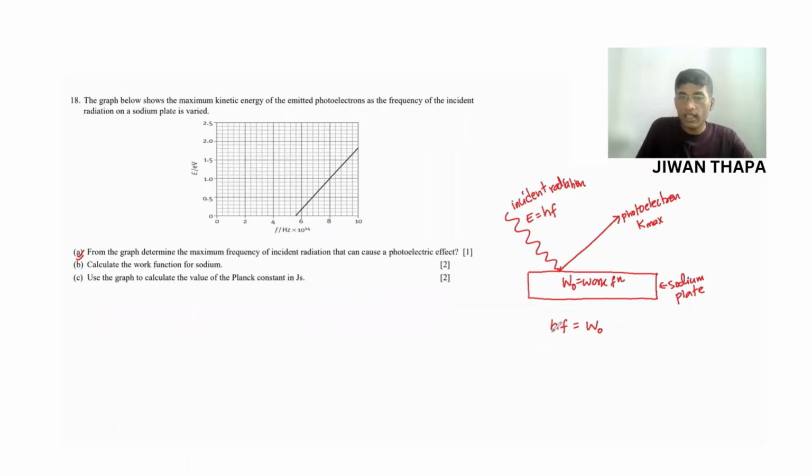So that is HF equals W naught plus maximum kinetic energy, Kmax. This is the equation we are going to use. Now let us come to this graph. What do you find in this graph?